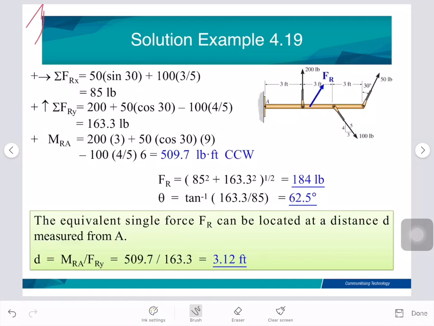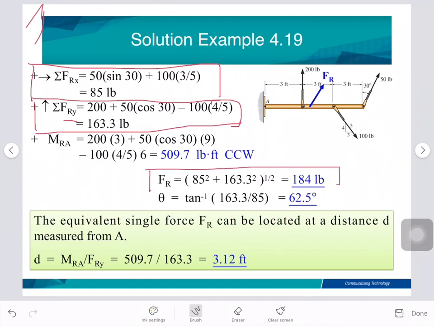So this is number one. Number one, you need to get this. You already solved the summation of forces in Rx, and then number two, summation of forces in Ry. Alright, so FRX, FRY. So how to determine the FR here? Okay, so this is the FR.